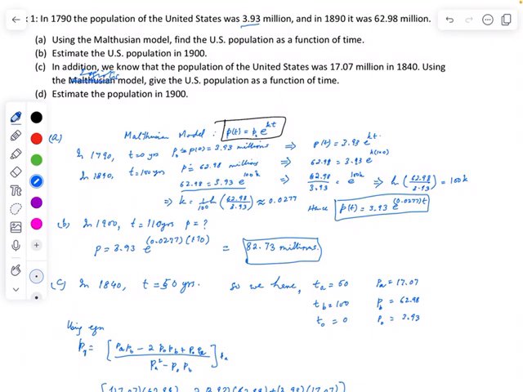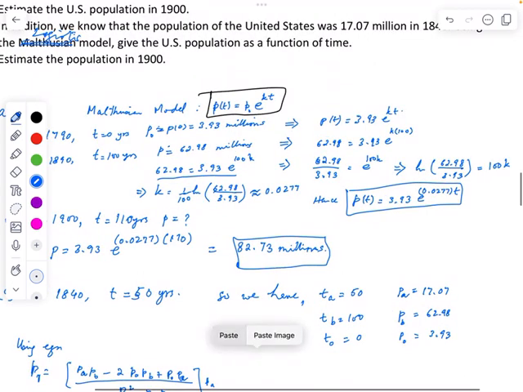We now can take our t_A to be 50, t_B to be 100, and t_0 as 0.